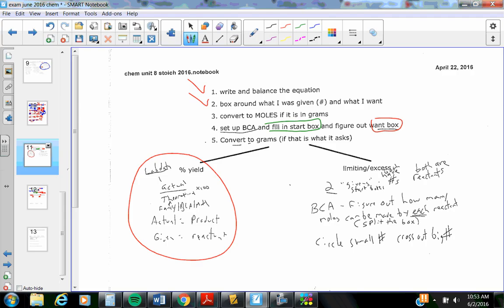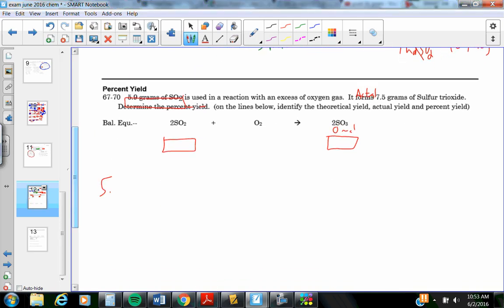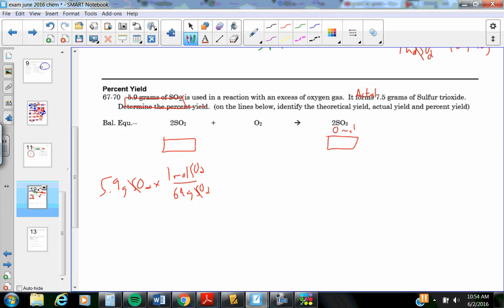Next thing is to convert to moles if it's in grams. I'm starting out with 5.9 grams of SO2, but one mole of SO2 is 64 grams of SO2. That will cross off. 5.9 divided by 64 equals 0.092 moles.